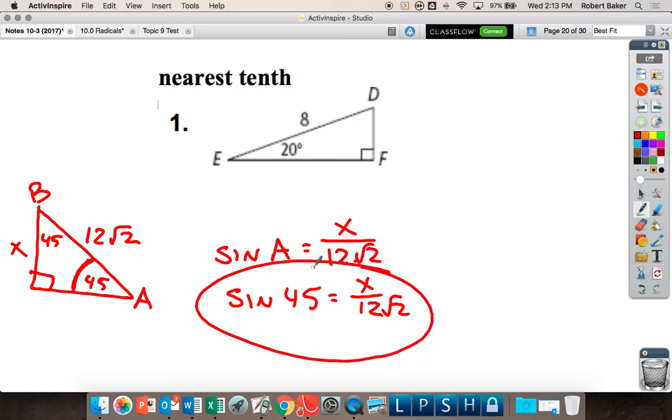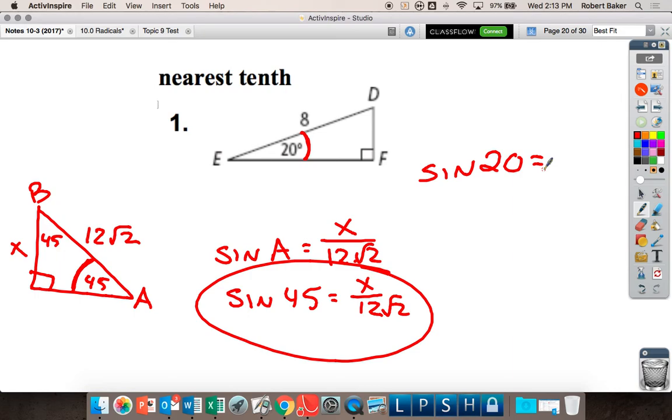So up here, what do you want to do? Here's the hardest part. Pick a function. Just pick one: sine, cosine, or tangent. Sine. Pick an angle. E. The sine of E is 20 degrees, so the angle E is 20 degrees.